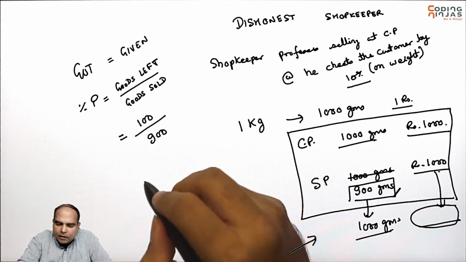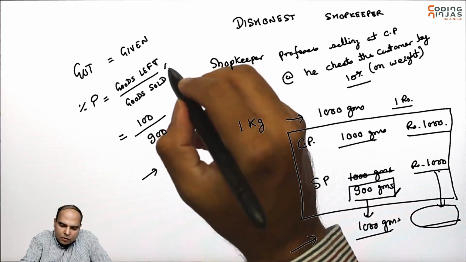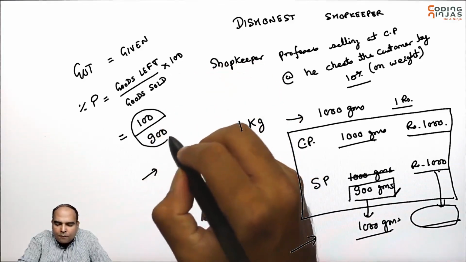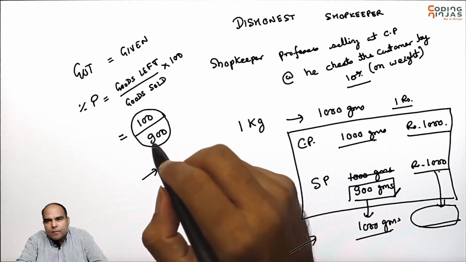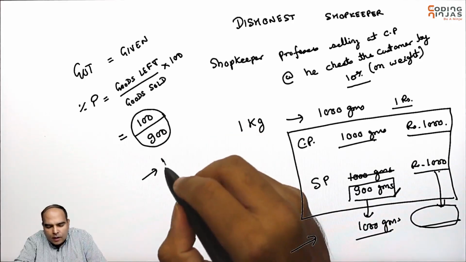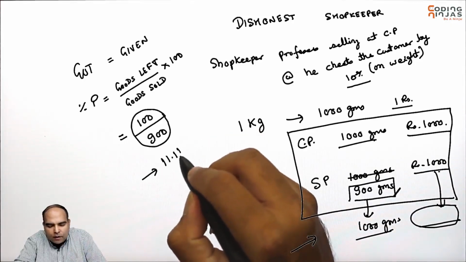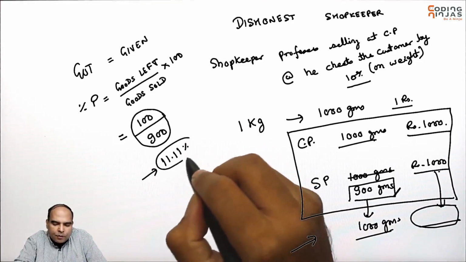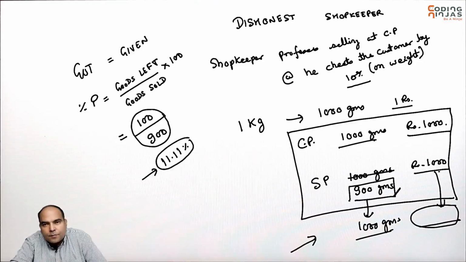So 100 by 900, which is 1 by 9. Of course, you have to multiply by 100, but by now you should have developed the thinking that every ratio like 1 by 9 has a percentage value, and even if you don't multiply by 100, mentally you should know that the value of 1 by 9 is 11.11%, and that's the answer.